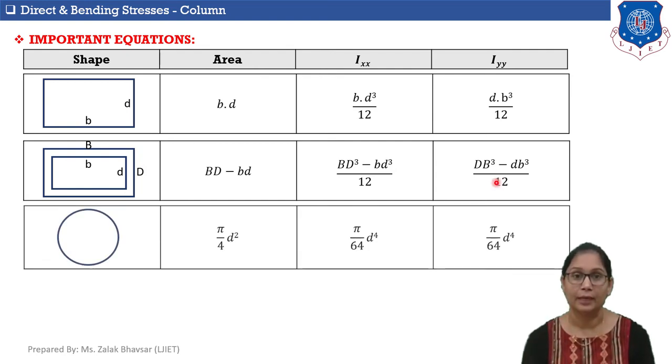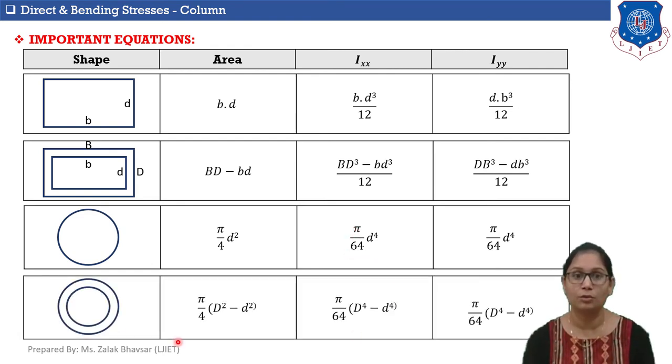Now if the column section is circular, then the area of that circular section is equal to pi by 4 d square and Ixx is equal to Iyy is equal to pi by 64 d raised to 4.